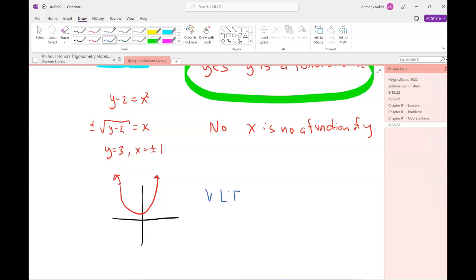So what you're doing is looking to see whether there is any vertical line I can draw that would intersect the graph more than once. But no matter where I draw my vertical line, it's not going to intersect the graph more than one time, right? So we'd say that this passed the vertical line test. Everybody's cool?